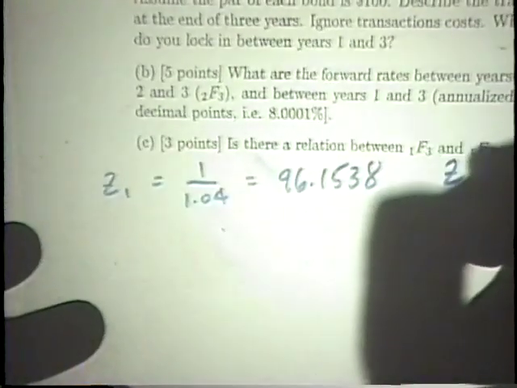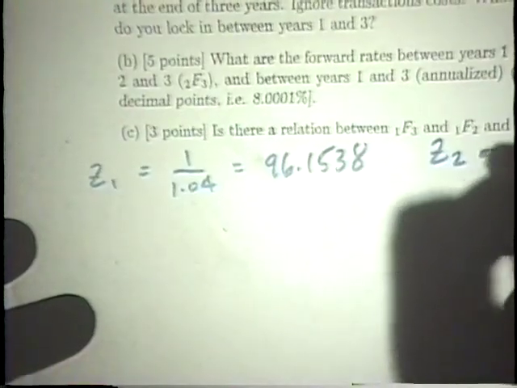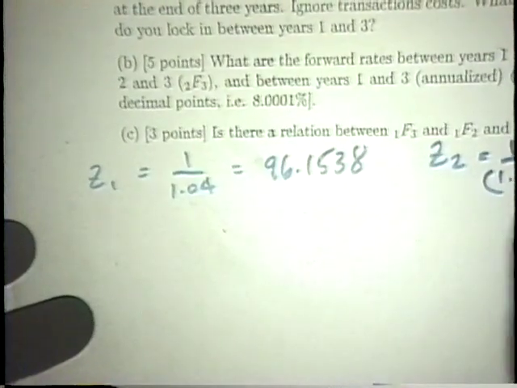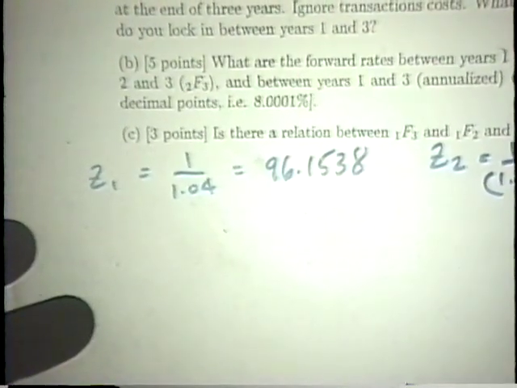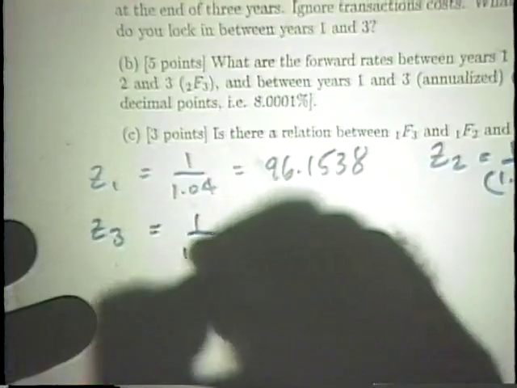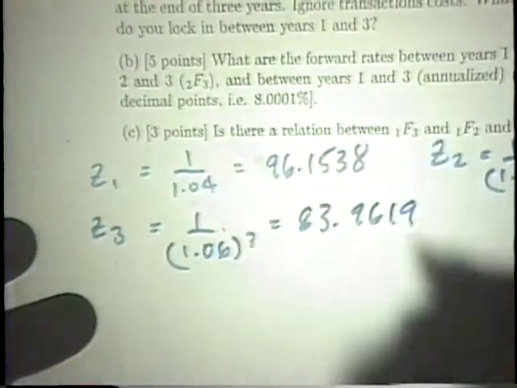And Z2 is 1 divided by 1.05 squared, which is 0.9029. And Z3 equals 1 divided by 1.06 cubed, which equals 83.9619. All in terms of $100. So we're going to start with that.